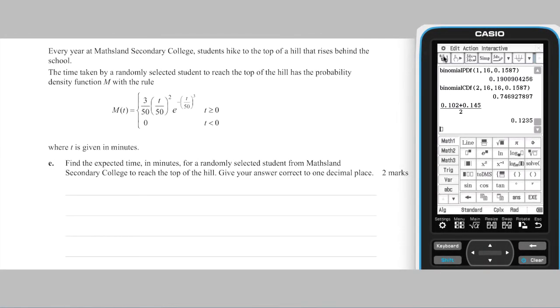Part E. This question now concerns itself with a probability density function m. I'm going to define this function on my class pad.